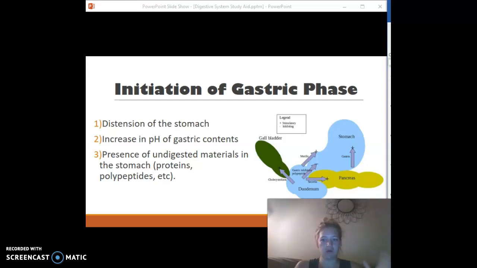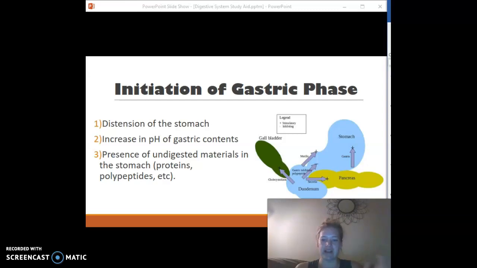So stretching of the duodenum, which is the first segment of the small intestine, enhances the gastric function through the vagal nerve again. So the chyme causes secretion of gastrin, which stimulates the stomach. And then the acid and the semi-digested fats in the duodenum trigger the enterogastric reflex. So the duodenum sends inhibitory signals back to the stomach through the enteric nervous system.